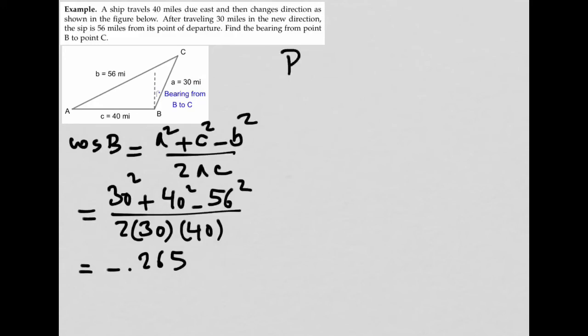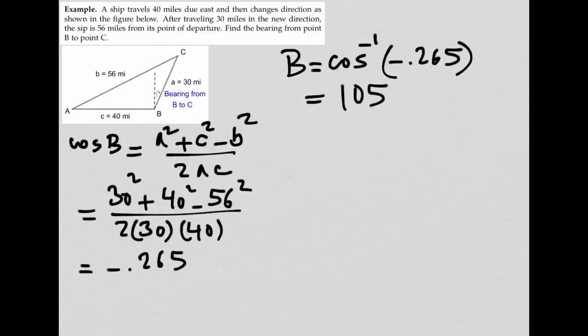And that means that B is cosine inverse of minus 0.265, which is 105.37 degrees. So all of angle B is 105.37.